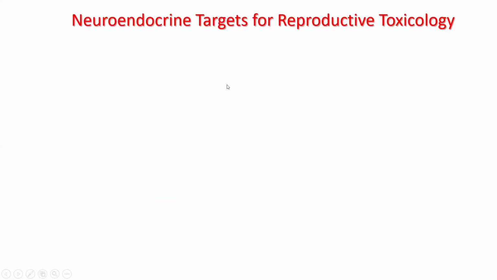Now, what are the neuroendocrine systems which are involved in reproductive toxicology? So, neuroendocrine targets. Whenever these xenobiotics affect the reproductive system, what are the mechanisms by which they produce reproductive problems?